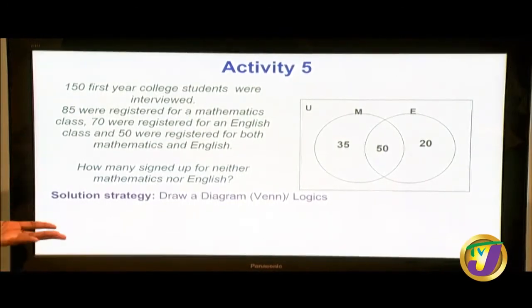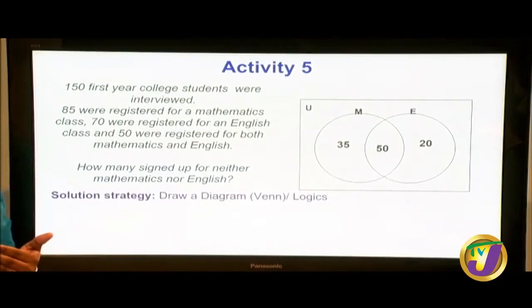Beautiful. So let's see now how many students we have accounted for thus far. So we have our 85 students, 35 added to 50, that gives us 85, added to 20, giving me 105. What is 150 students? So that means that 45 students are there that we didn't account for.